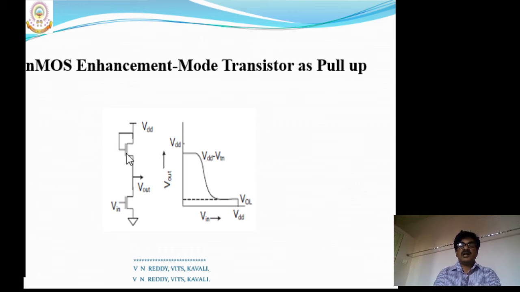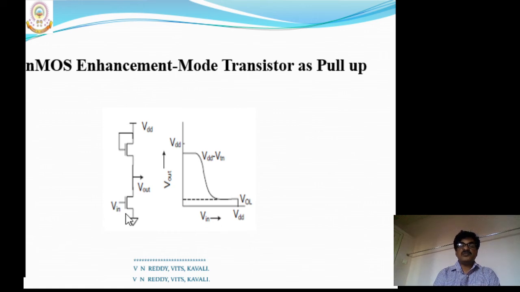Here, to switch on the enhancement transistor, we always need to connect the VDD supply to both gate and drain terminals of the enhancement transistor. Only then is the enhancement transistor switched on always, because it is a pull-up transistor. Then as usual the input is applied to the pull-down transistor. Let us see whether this acts as an inverter or not.